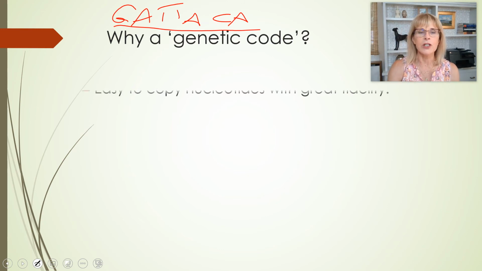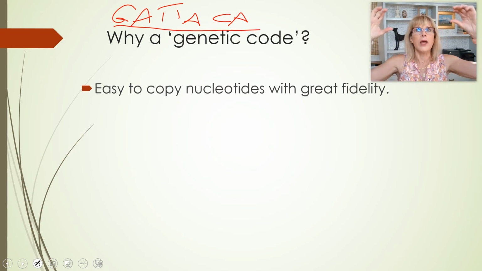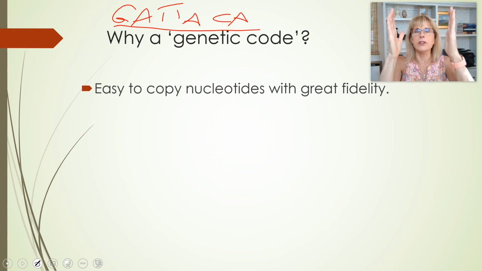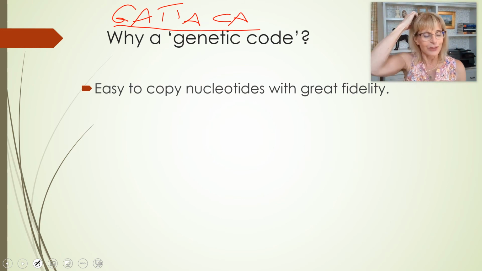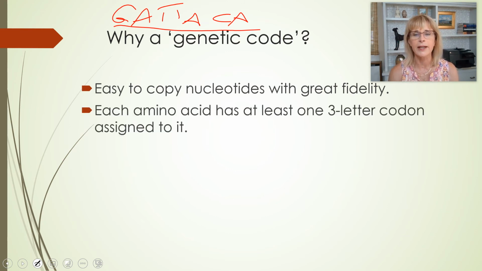So why do we have a genetic code? We have a genetic code, first off, because if we've just got four things like black, white, red, yellow, and they always match black, white, red, yellow, then it is really easy to make copies of these strands with great fidelity. Fidelity is the word that they use. They mean no mistakes. There's much, much less than 1 in a million mistakes when it comes to copying your DNA. Okay?